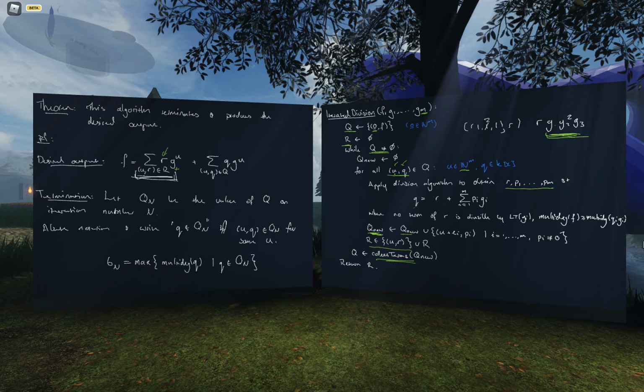Let Q be an element of Qn minus 1. Let P1 through Pm be the polynomials computed from Q in this step where we apply the division algorithm.